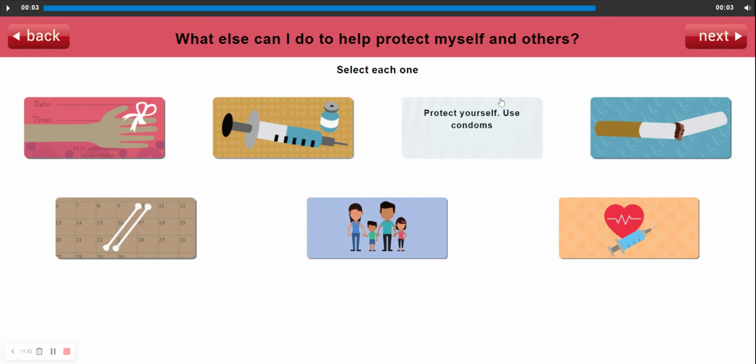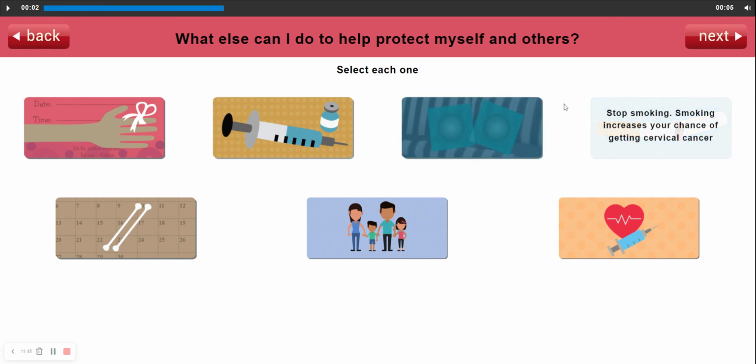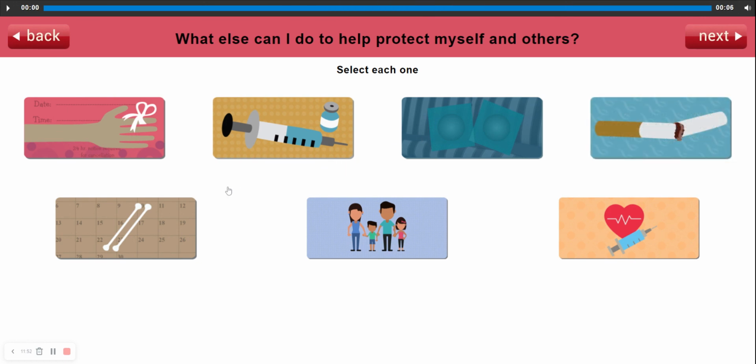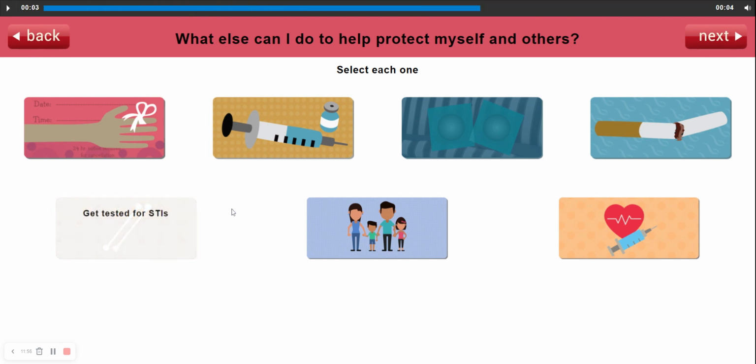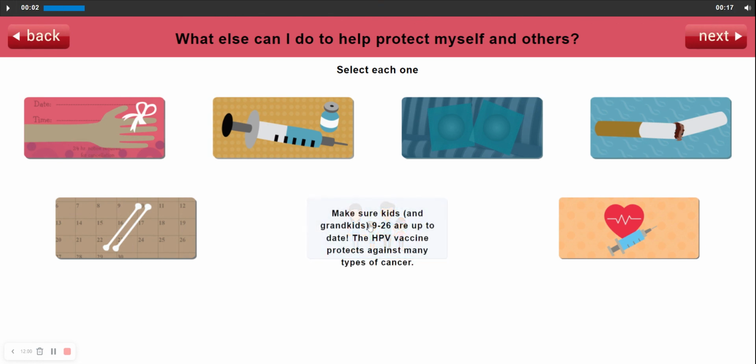Use condoms. Stop smoking. Smoking increases your chance of getting cervical cancer. Get tested for sexually transmitted infections. Make sure kids and grandkids ages 9 to 26 are up to date on their vaccines.